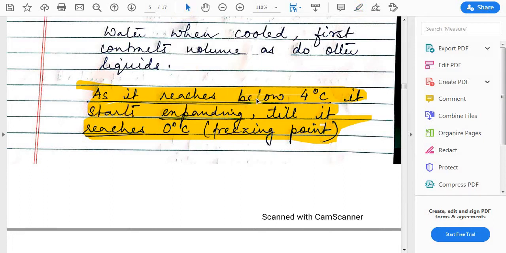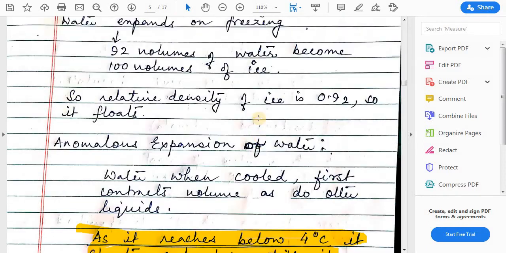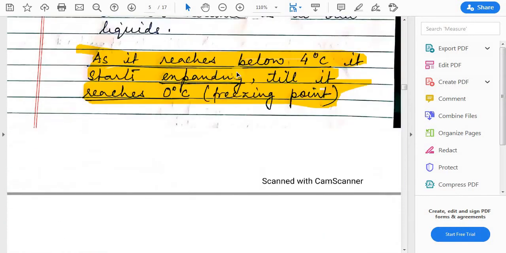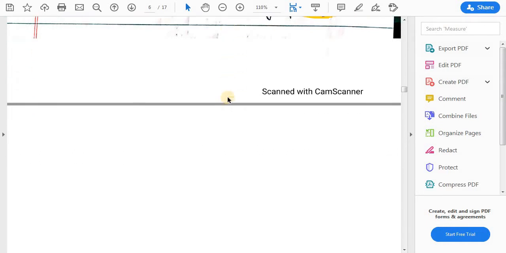If it starts expanding, the volume will be more and the density will be less. Remember.